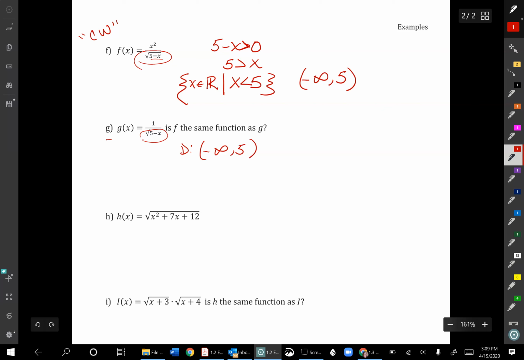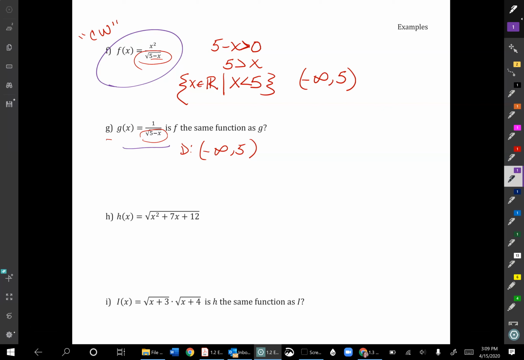For this one, we actually wouldn't say it's equivalent because the F function up here does not simplify to be the same exact thing as g of x. So even though they have the same domain, we're not looking at an equivalency. So the answer is no.